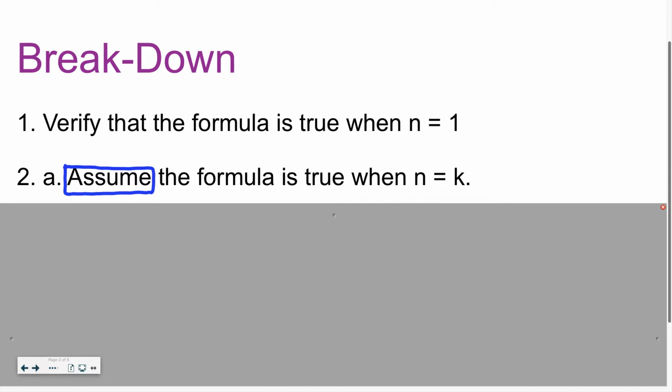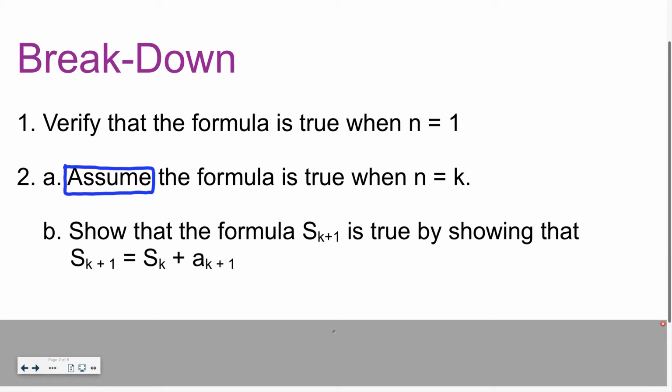So what we're going to show is that our k plus 1 sum is the k sum plus the next term. If I have the k sum, then the k plus 1 sum is just adding on the next term.